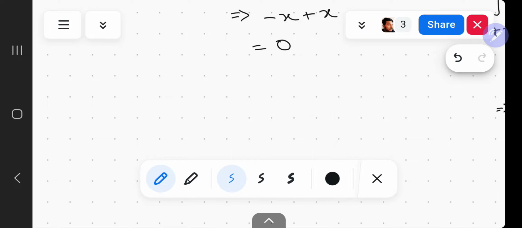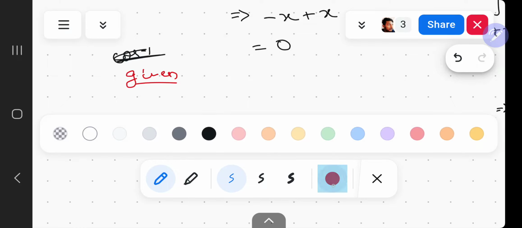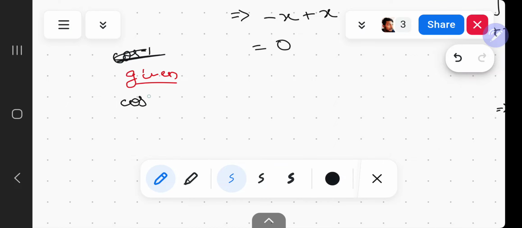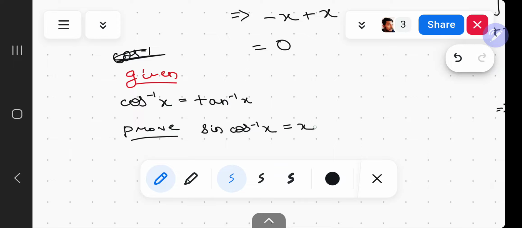It says in the next question, okay, so it's given that cos inverse x is equal to tan inverse x, and we have to show that sine of cos inverse x is equal to x square.